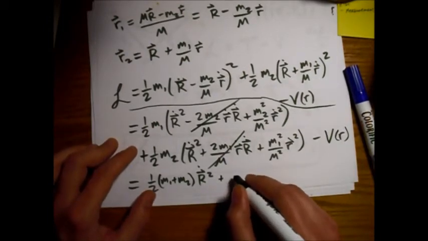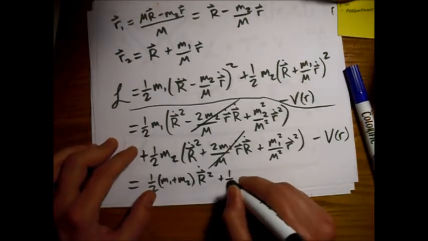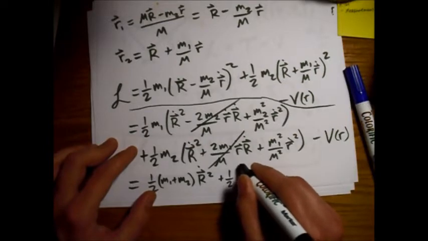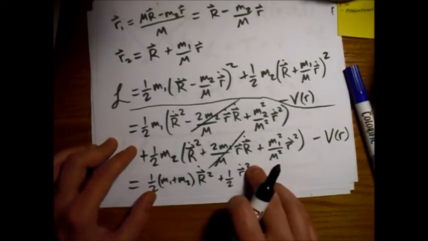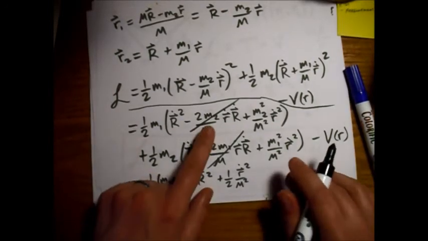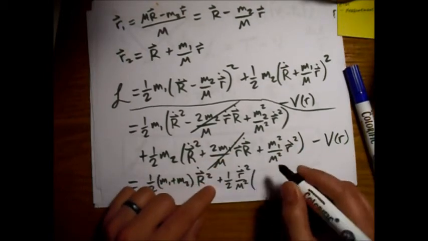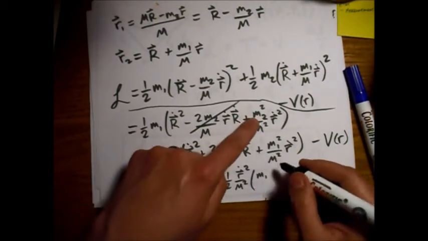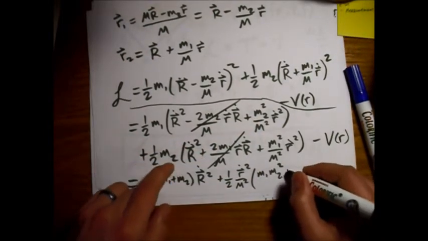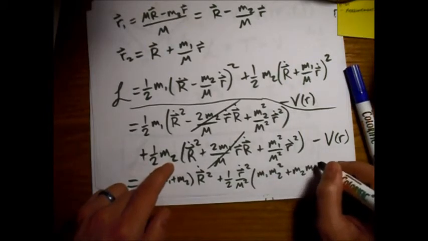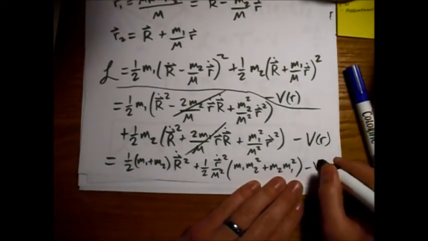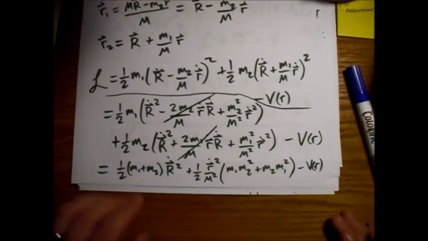Plus, we can factor out the 1/2, we can factor out the r dot squared, and we're going to factor out the big M squared. But then we have these two terms, m1 m2 squared plus m2 m1 squared. Those don't go away yet. And we have our V of r.